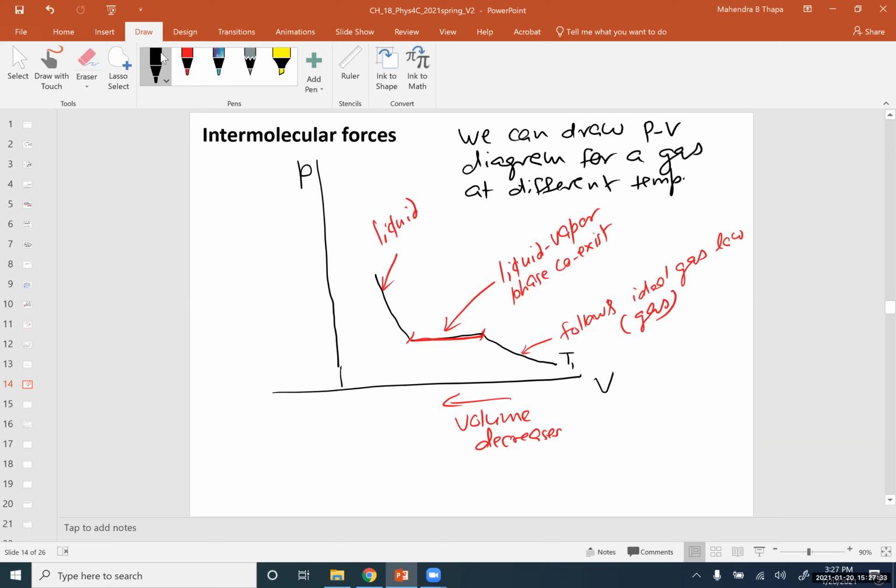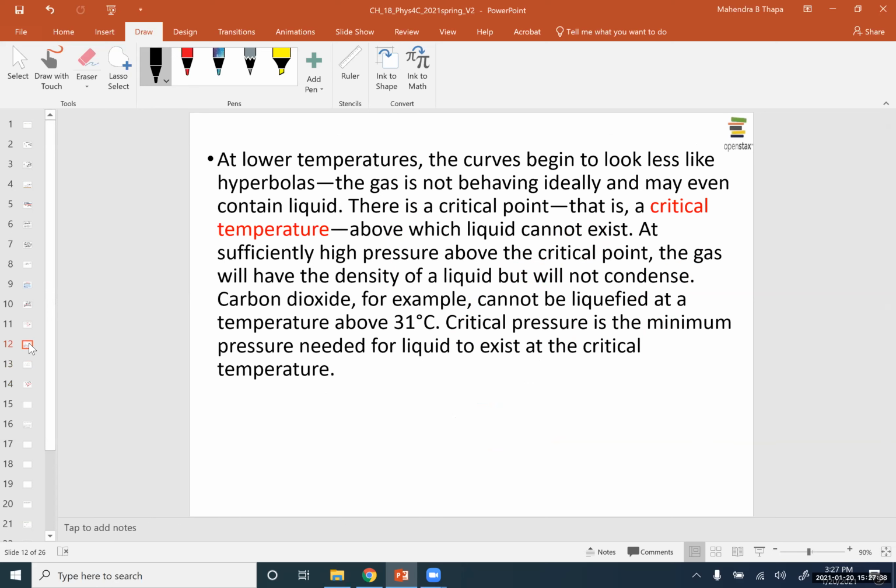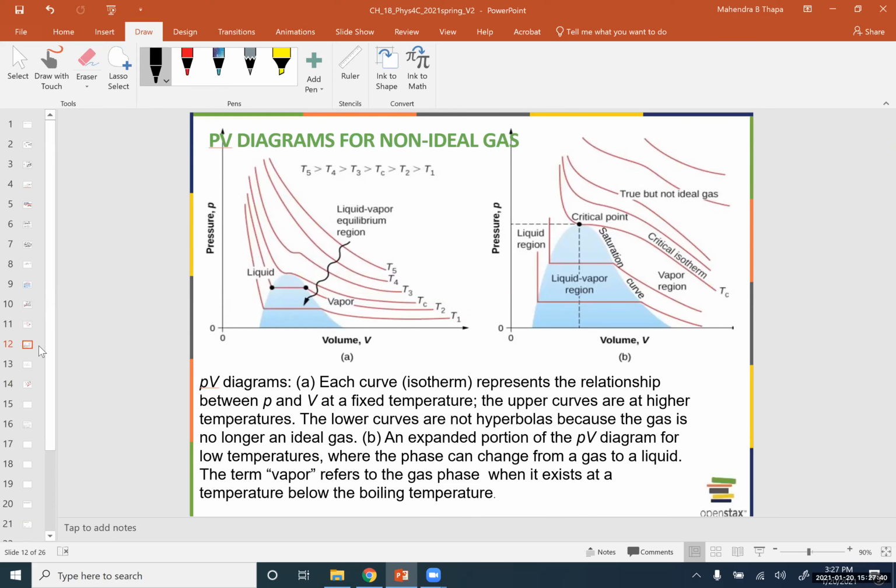This is just for one temperature. If we draw a similar kind of picture for different temperatures, we'll find this kind of curve. So this is for temperature T1, this curve is for T2, this for T3, and so on.